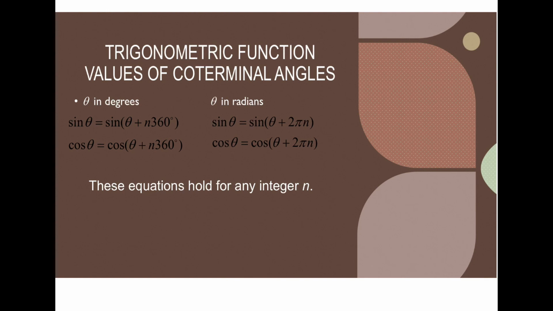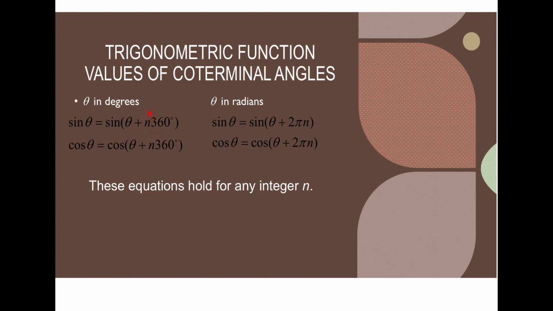We also will, many times, have angles that have gone through more than one rotation. And in fact, there's an infinite number of rotations that an angle can go through. If we're talking about sine and cosine, which are kind of the basis of all this, sine theta would be equal to sine of theta plus 360 n, n being an integer, so a whole number.